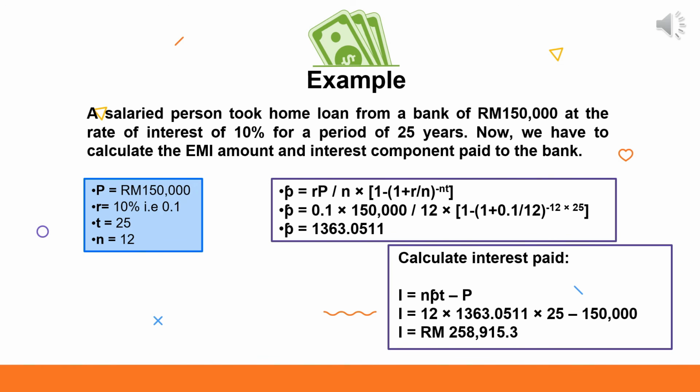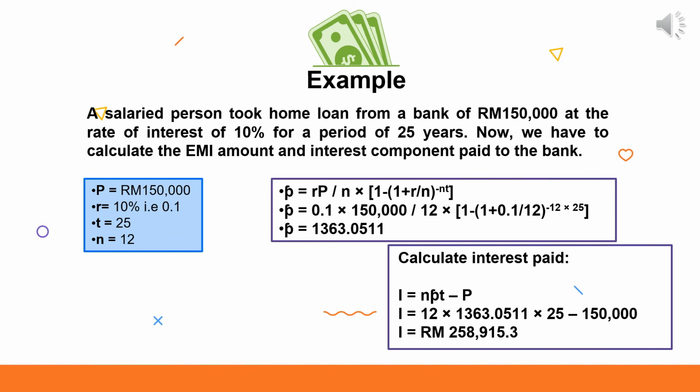And we continue with calculating the interest paid. We know the formula for interest is N times EMI amount times T, minus P. So we put all the information given into the formula: interest equals 12 times 1363.0511 times 25 minus 150,000.